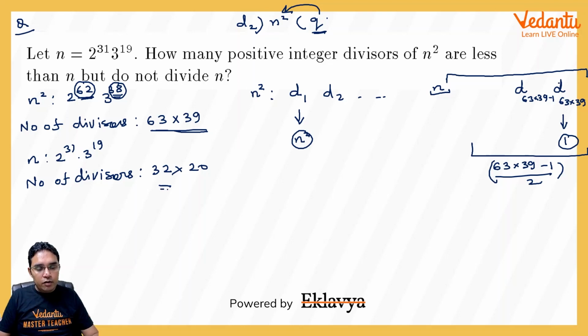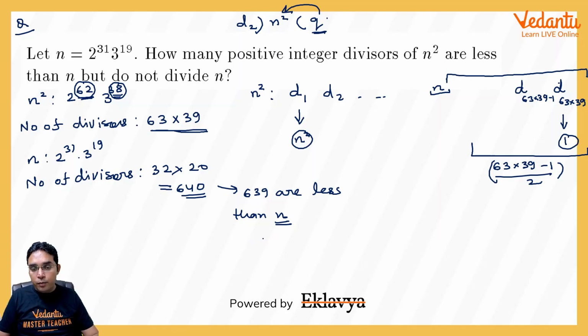So total number of divisors is 640. Out of this 640, 639 are less than n, yes or no? Because this 640 also includes n. So those divisors of n which are less than n are 639.